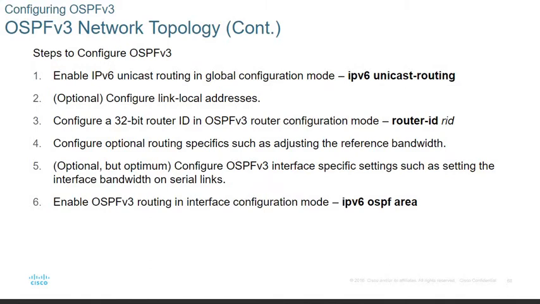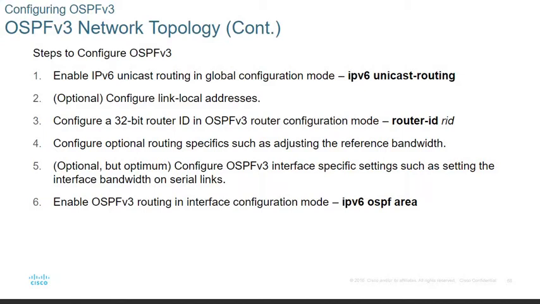Configuring OSPFv3. Steps to configure OSPFv3. 1. Enable IPv6 unicast routing in global configuration mode: ipv6 unicast-routing. 2. Optional, configure link-local addresses. 3.